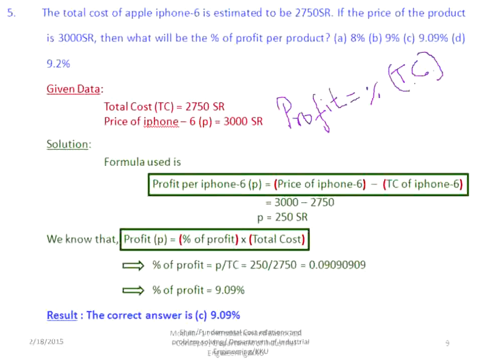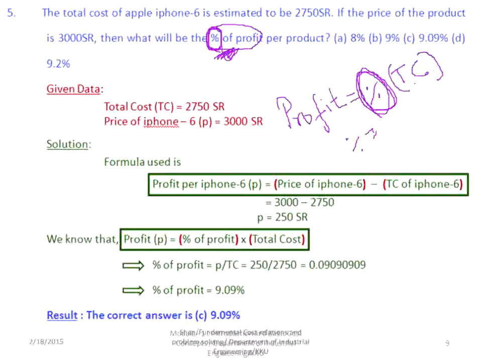Now in this question they are asking you to find out the percentage of profit. So we have to find out this percentage value. How much is this? So how to find this?